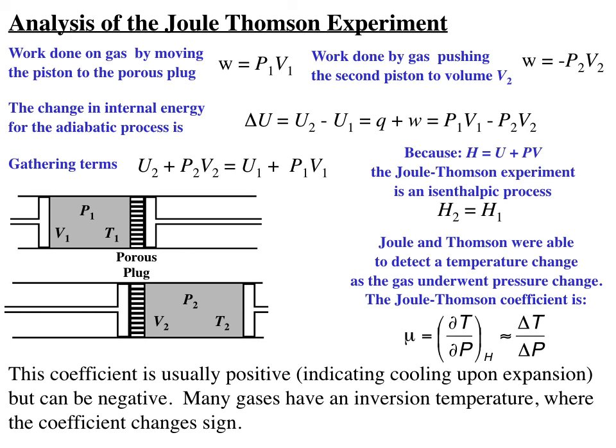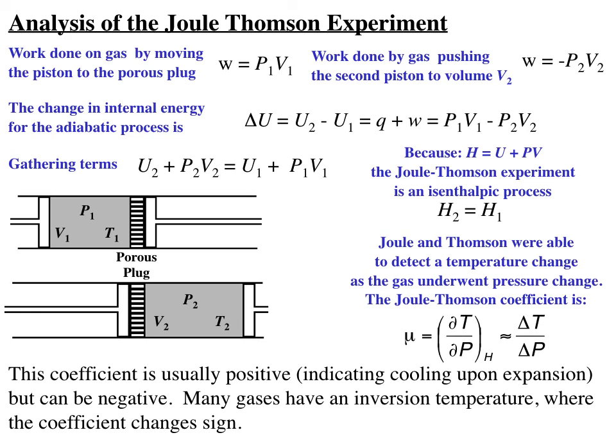That second piston maintains the gas at a lower pressure P2, so that the second piston slides back at that lower pressure, and the work being done by the gas to push that piston back is minus P2 V2, so that the change in internal energy, U2 minus U1, will be equal to Q plus W. But since this experiment was designed so that no heat was exchanged with the surroundings, Q is 0, so U2 minus U1 must be equal to the work, which is P1 V1 minus P2 V2.